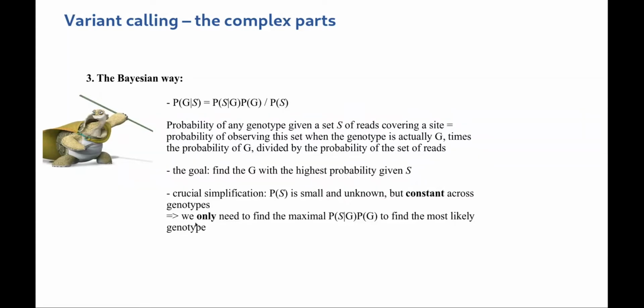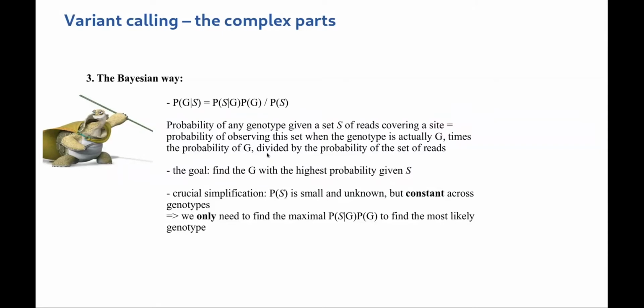Now we only need to find the maximal value of the numerator, and we have what we want. So we can kick out this unknown probability of the set of reads immediately and simplify our formula to just the simpler part here.